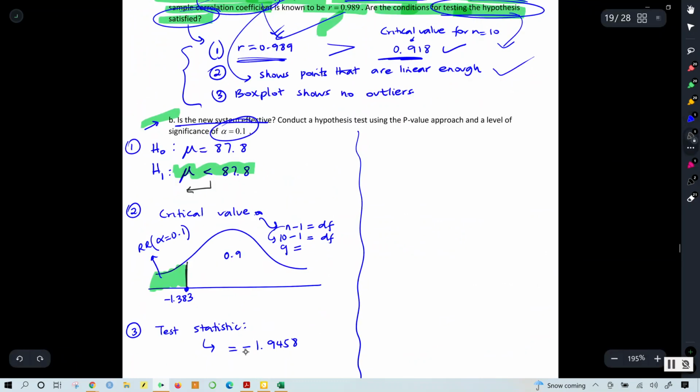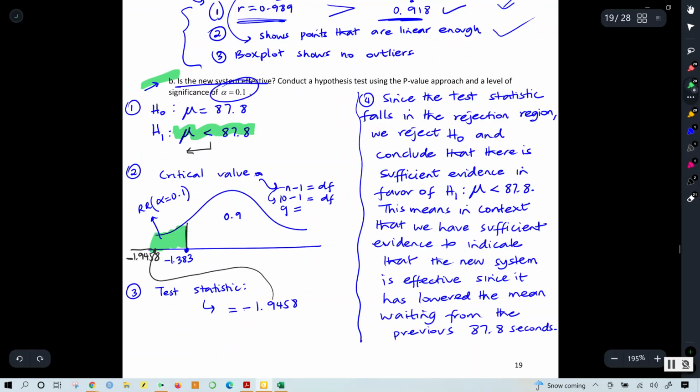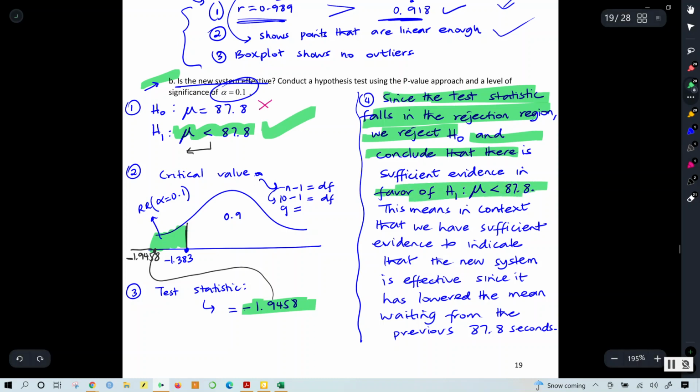Now that I have my test statistic, which is negative 1.9458, this should be somewhere to the left, which means it lies in the rejection region. So since the test statistic of negative 1.9458 falls to the left of negative 1.383 in the rejection region, we're going to reject the null hypothesis and conclude that we have sufficient evidence in favor of the claim that the mean is now lesser than 87.8 seconds.